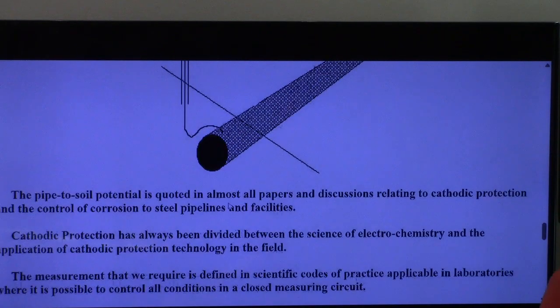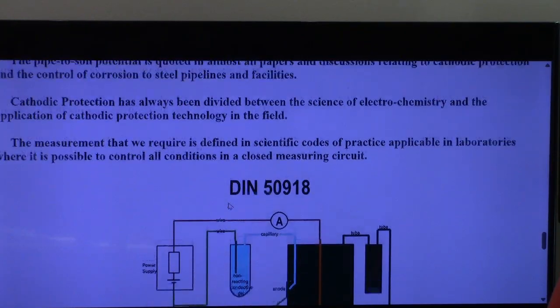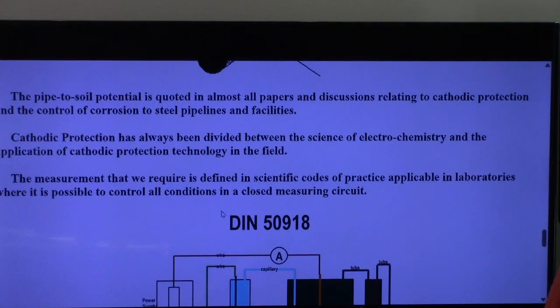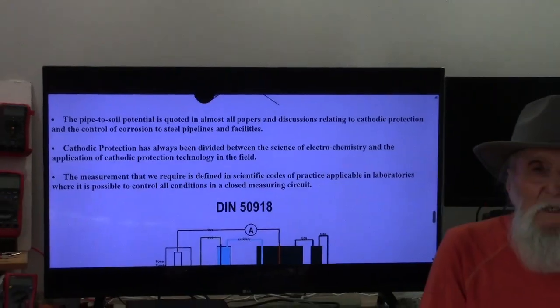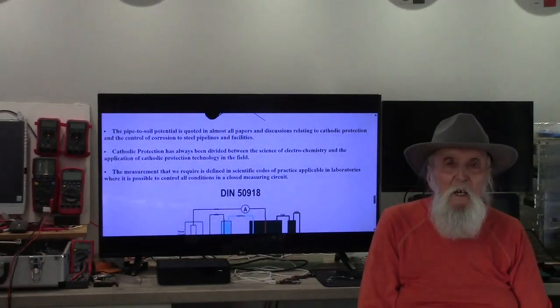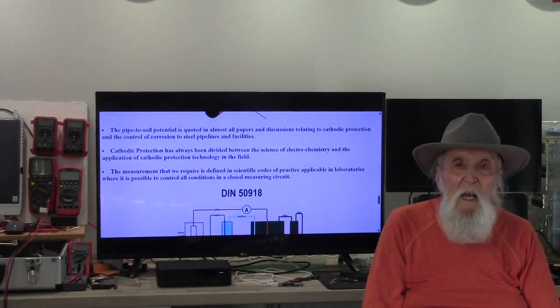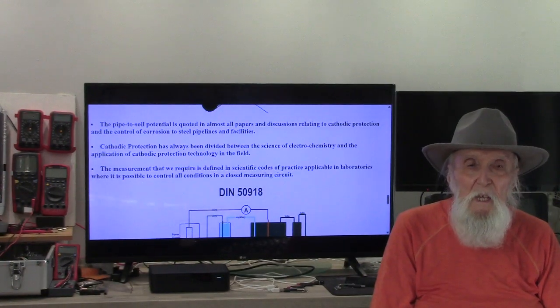The pipe-to-soil potential is quoted in almost all papers, and discussions relating to cathodic protection and the control of corrosion to steel pipelines and facilities.